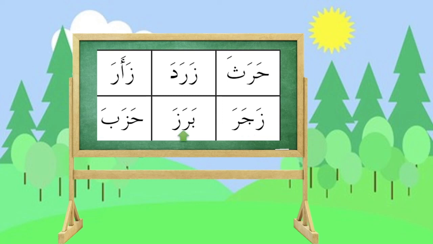Next we have ba, ra, bara, za, baraza. And then the last word we have is ha, za together, haza, and then add the last letter ba. Hizb. Excellent job.